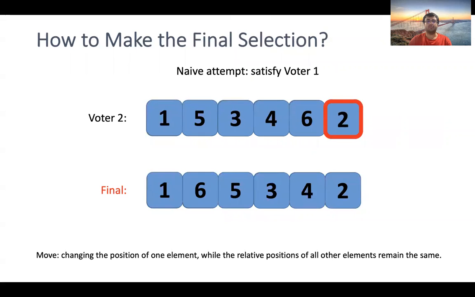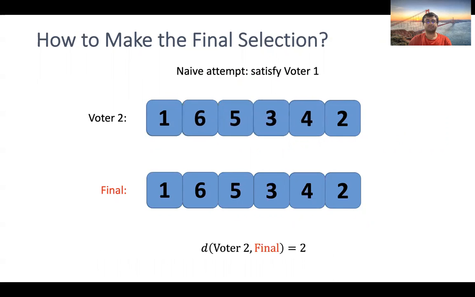This will count as one move. Similarly, candidate 6 is also nearly at the bottom of voter 2's list, while they are ranked quite highly in the final election results. So voter 2 would have to make another change to pick candidate 6 and move it to roughly the top. Thus, voter 2 made exactly 2 changes, and we call this the distance between voter 2's preference list and the final election result.